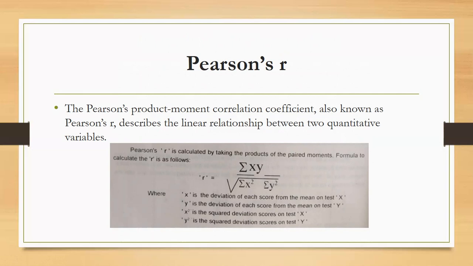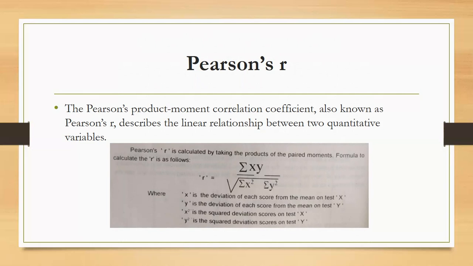Pearson's product moment correlation describes the linear relationship between two quantitative variables. And as you can see, this is from your record itself. Pearson's correlation is represented by the term r. So r is equal to summation xy divided by square root of summation x square times summation y square.